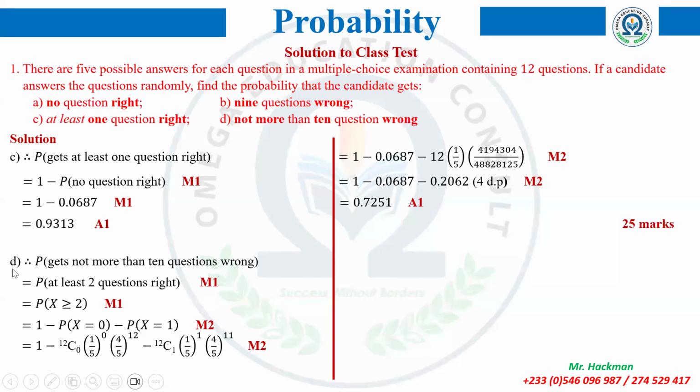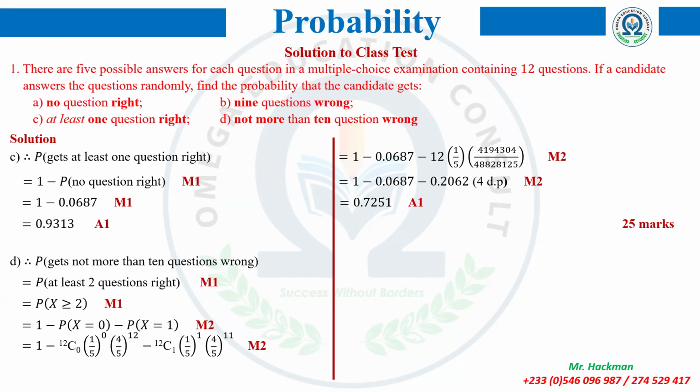Now let's come to the D. That's where most of you were found wanting. Now I hope you are taking note of what the marks were allotted there. So D, what do we have? P gets not more than 10 questions wrong. So not more than 10 questions wrong, you know, is the same as at least 10 questions wrong.